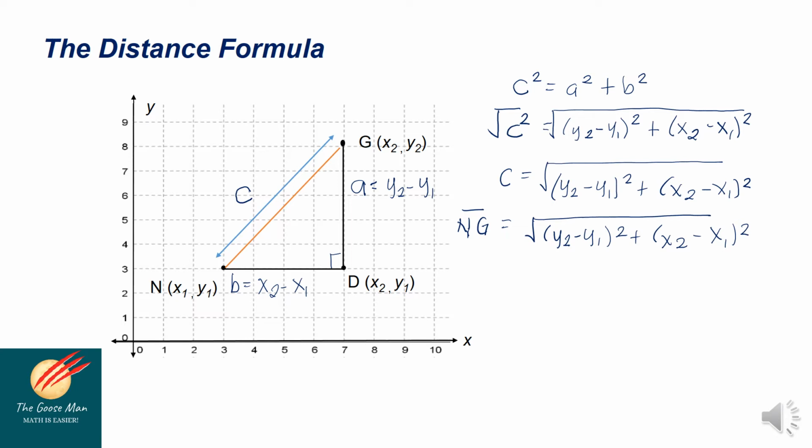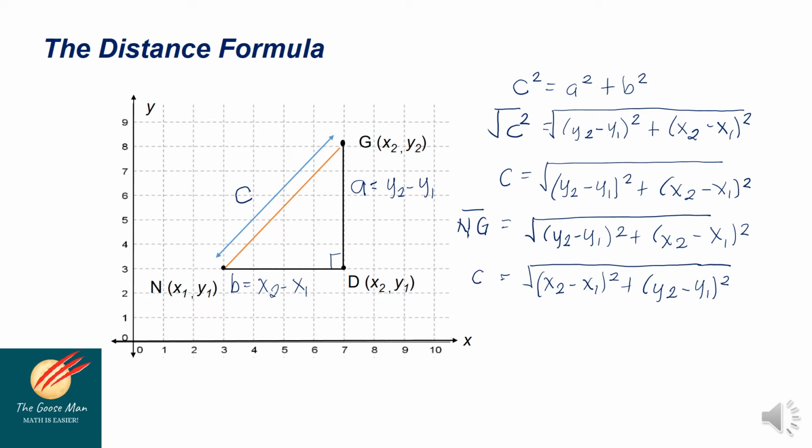I can rearrange this as (x sub 2 minus x sub 1) squared plus (y sub 2 minus y sub 1) squared, using the commutative property of addition. So this is equal to your hypotenuse. But the hypotenuse is the same as the line segment NG.